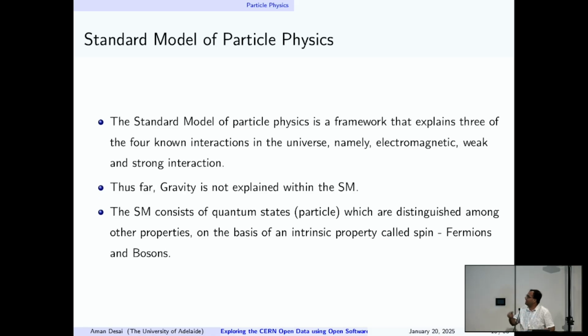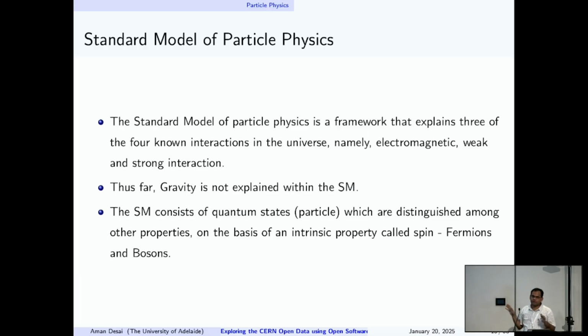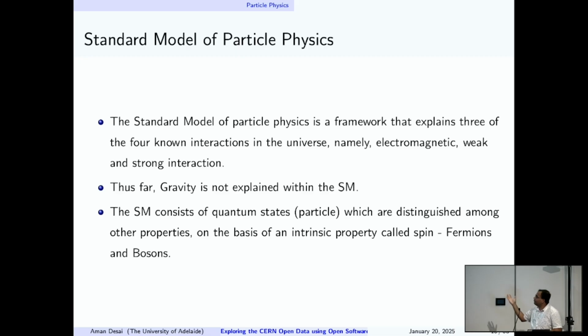Now, since some years, we have developed what is called the standard model of particle physics, which is the framework that explains 3 of the 4 known interactions in the universe, namely the electromagnetic, the electrical shocks, for instance, weak interactions that go in nuclear decays, and strong interactions, we cannot experience them, but they undergo in those protons and gluons.